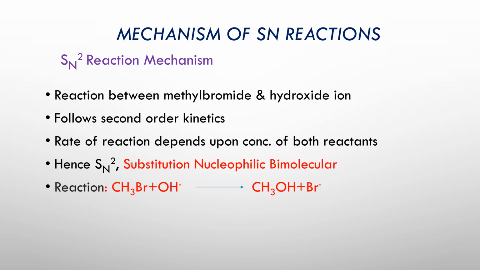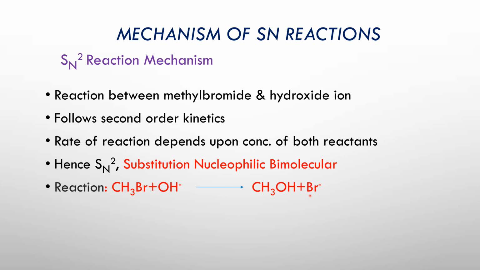The actual reaction of this type of mechanism is methyl bromide CH3Br plus OH-, the nucleophile hydroxide ion. It gives methyl alcohol. Heating these reactants, we get methyl alcohol or methanol CH3OH plus Br-, the leaving group which is left in this reaction.